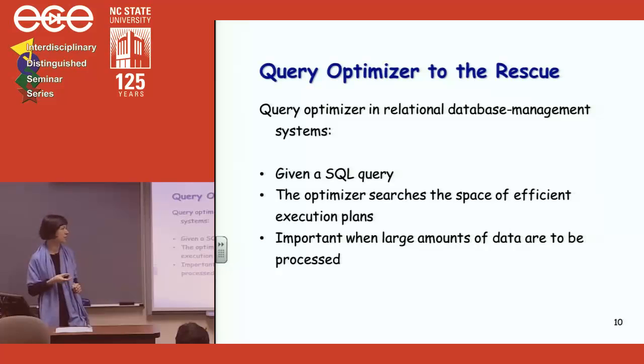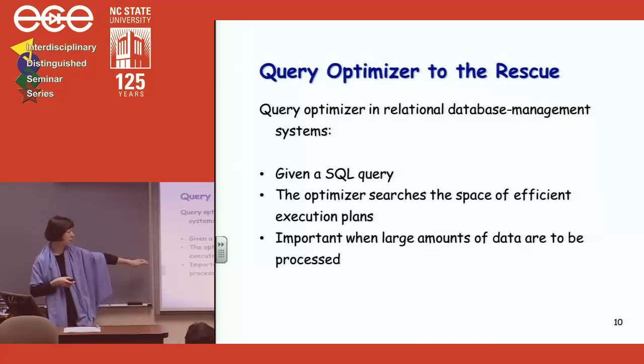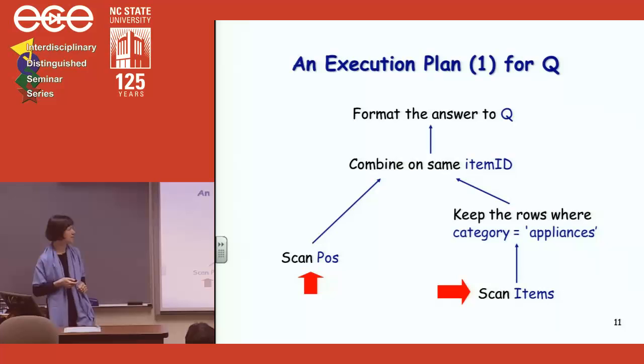Those execution plans take a table, select all the relevant rows from this table, format those rows, and combine them in certain ways. So it's very important to find a plan that is as efficient as possible when you talk about very, very large amounts of data. So here's one plan for answering this query.